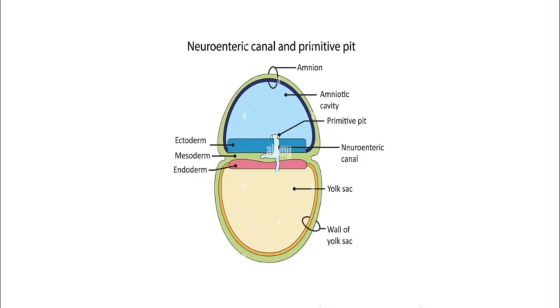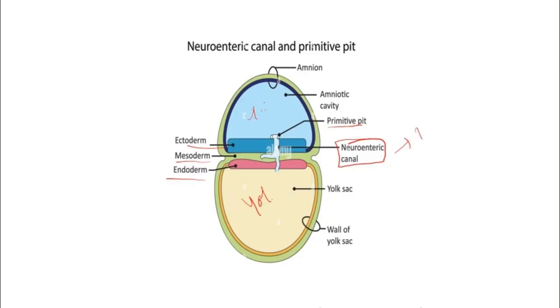This is the amniotic cavity, yolk sac cavity, ectoderm, mesoderm, and endoderm. And this is the primitive pit, and this is the rest of this canal that communicates with the yolk sac. The important structure formed is the neuroenteric canal.